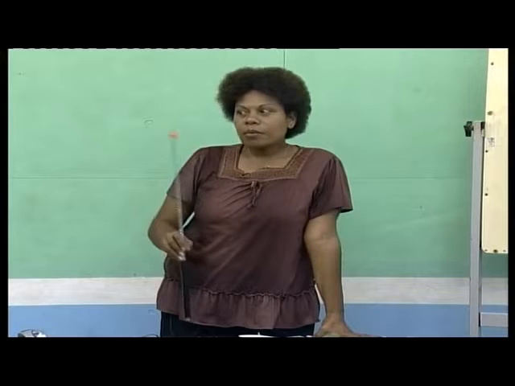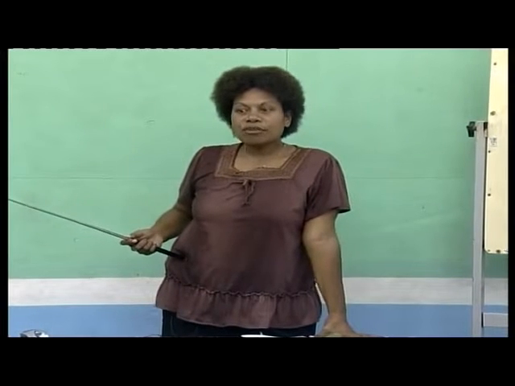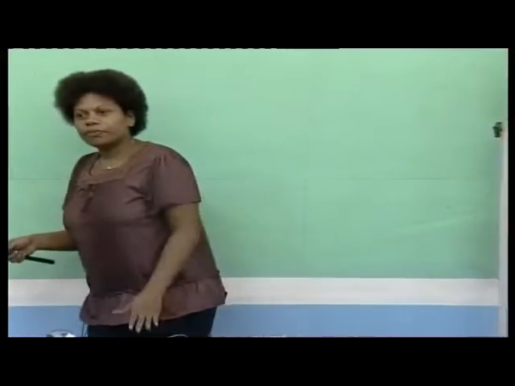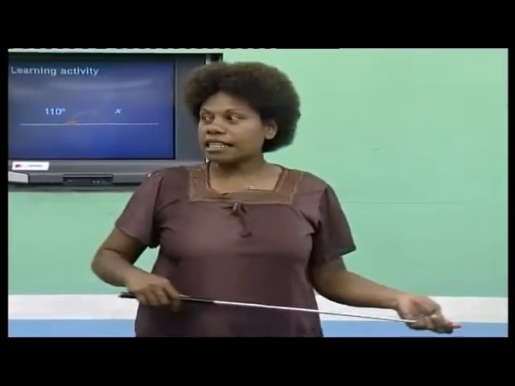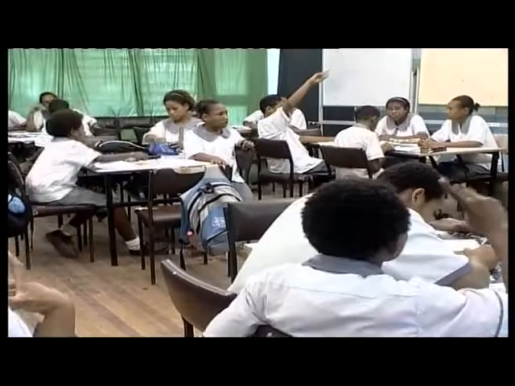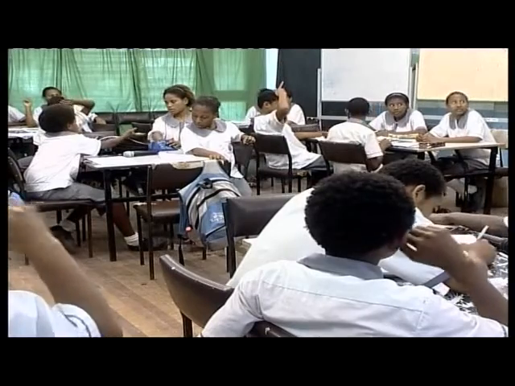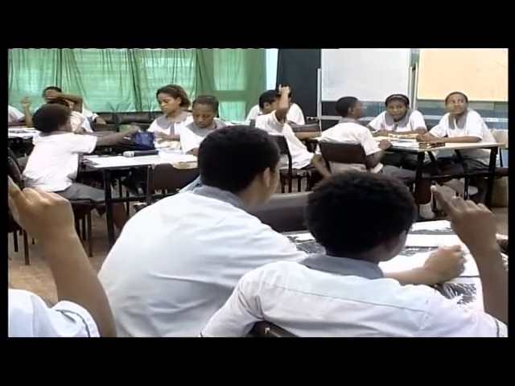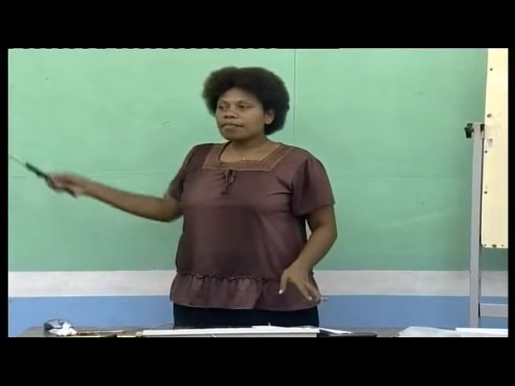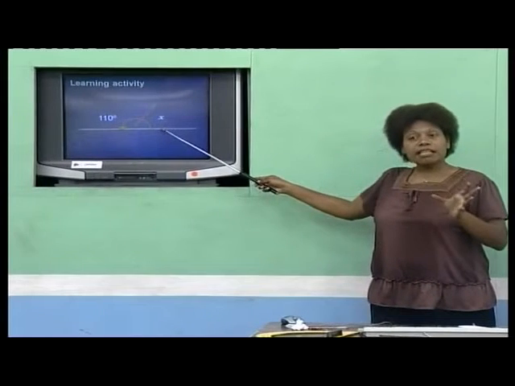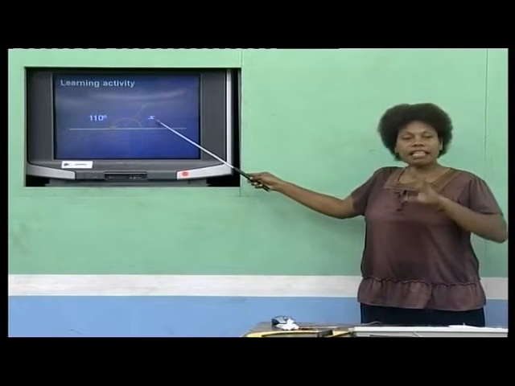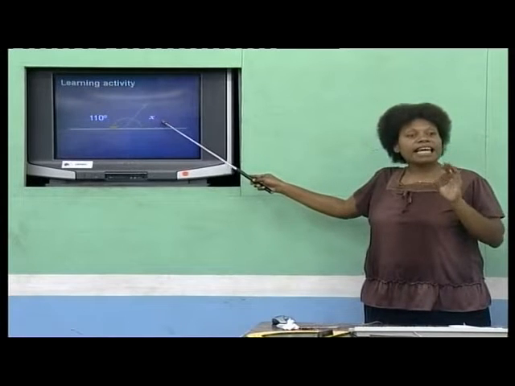All right, who can tell me where he got 180 degrees from? Where did we get 180 degrees from? Lewis. Total of the straight angle. Okay, thank you, Lewis. The angle sum of a straight angle is 180 degrees.